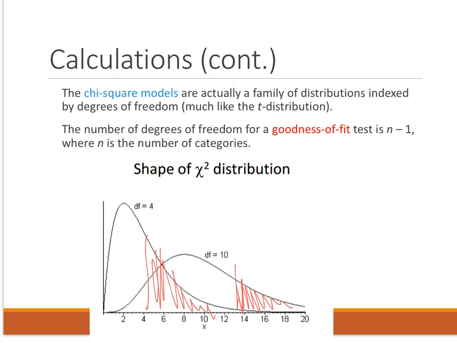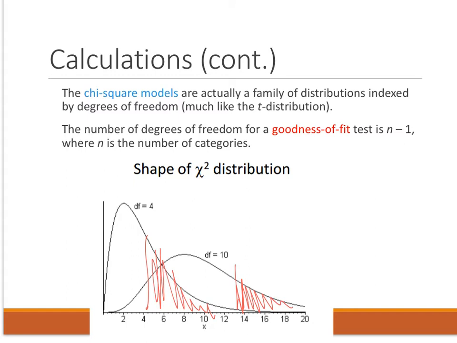And what depends on the shape is the degrees of freedom. For the degrees of freedom for a goodness of fit model test, you just take the sample size and subtract 1, similar to what we've done in the past with standard deviation, that kind of thing.